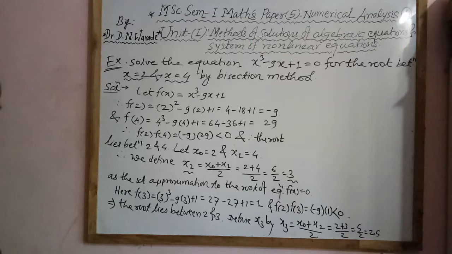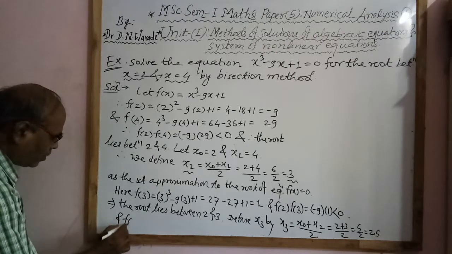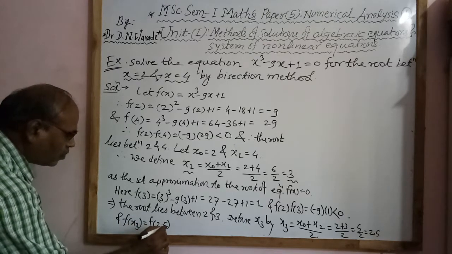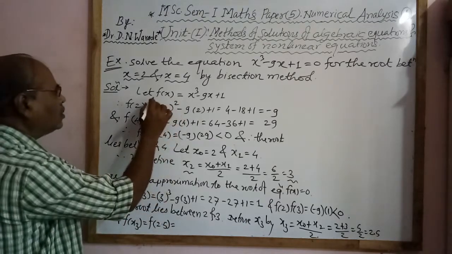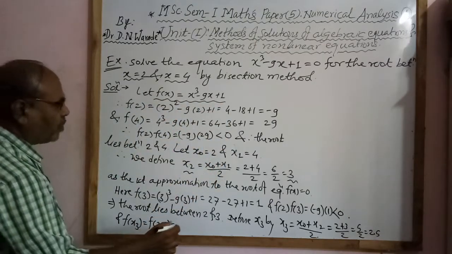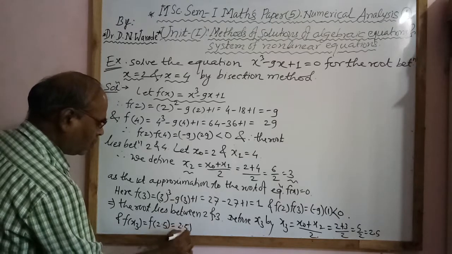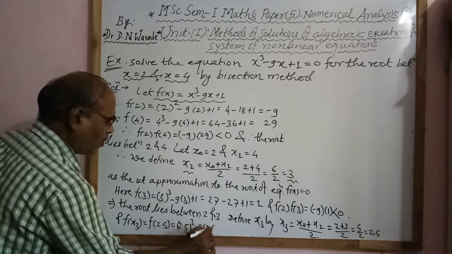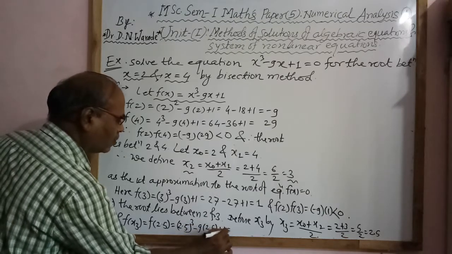And f of x3 equal to f of 2.5 equal to 2.5 cube minus 9 into 2.5 plus 1.